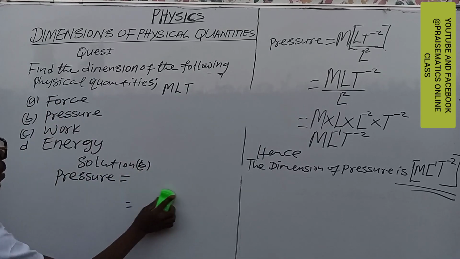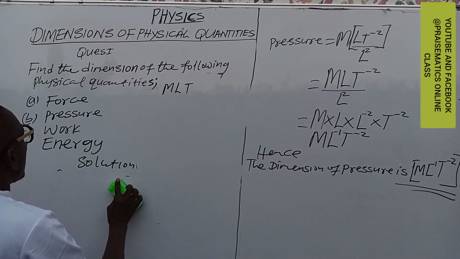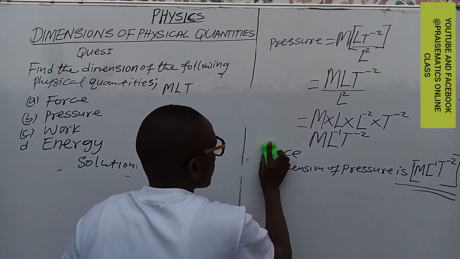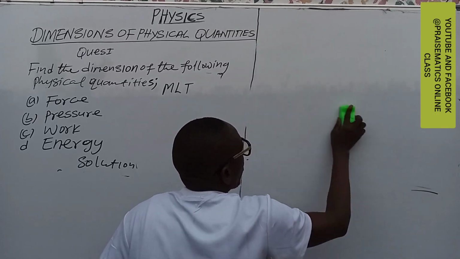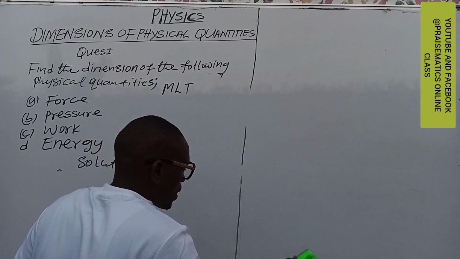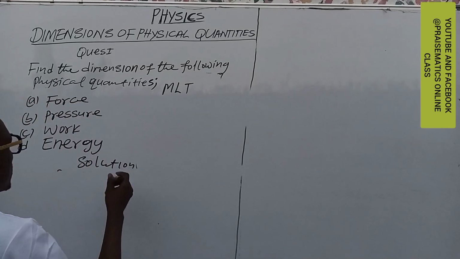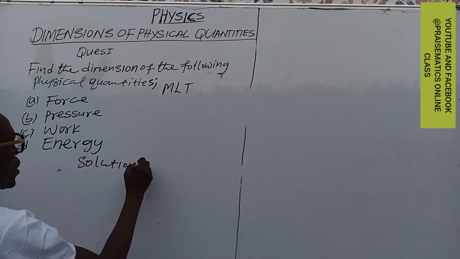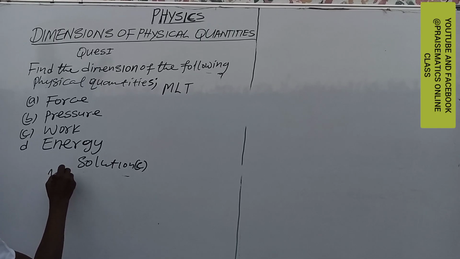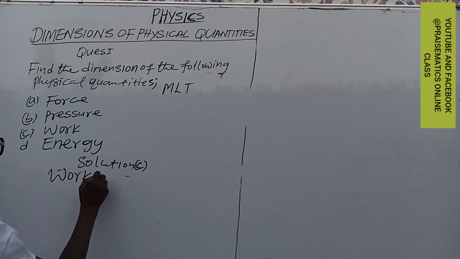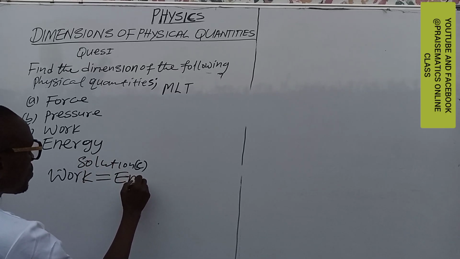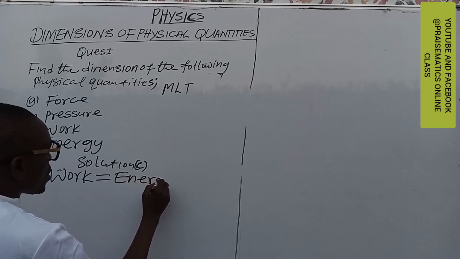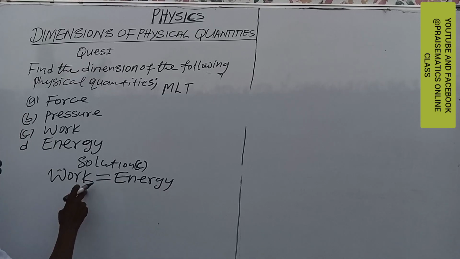Okay. Now let's look at work. Work is defined as the product of force and distance. Work is the same thing as energy, so I will use one and solve them. Energy is the ability to do work.